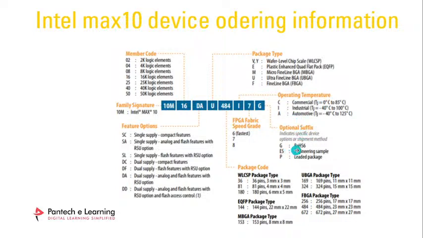G refers to RoHS6. It indicates specific device options for shipment methods. Like if the FPGA has ES, it comes under engineering samples. If the FPGA has the last letter P, it comes under leaded package.